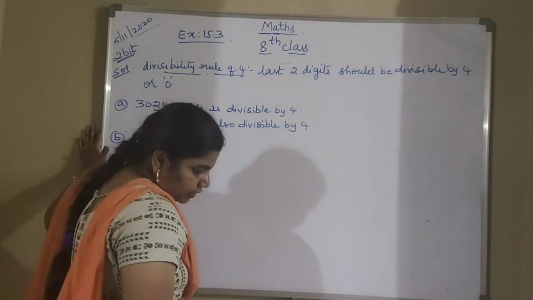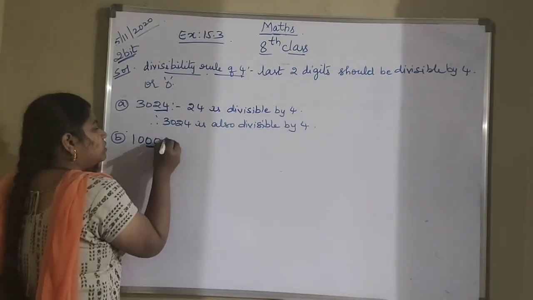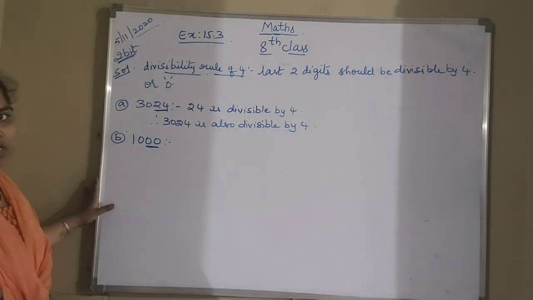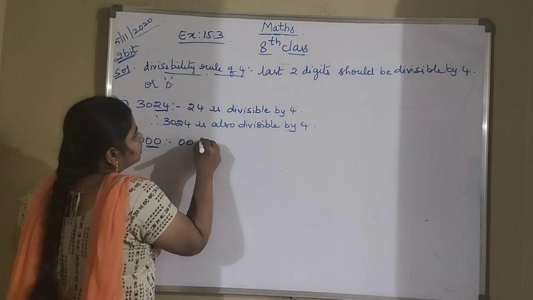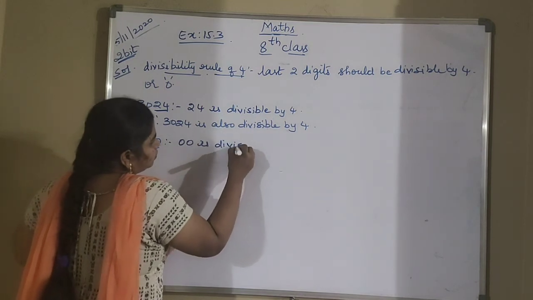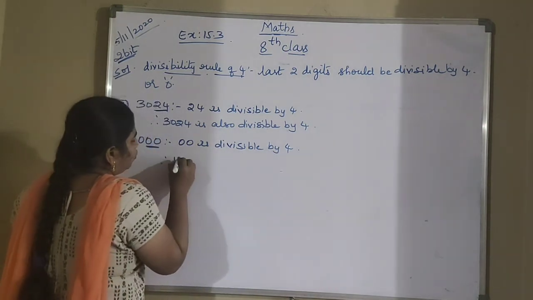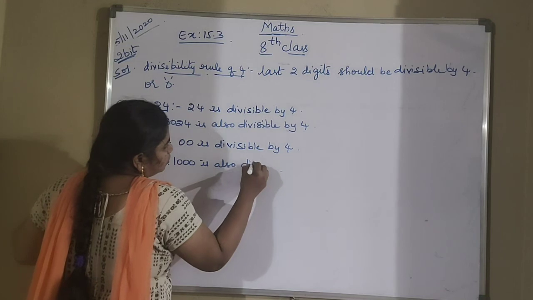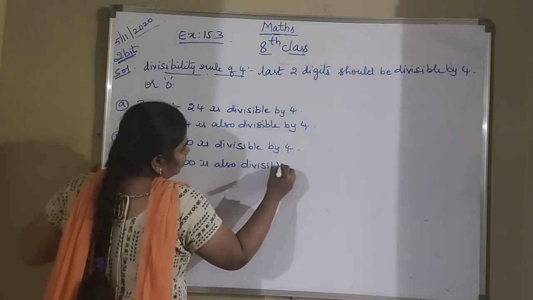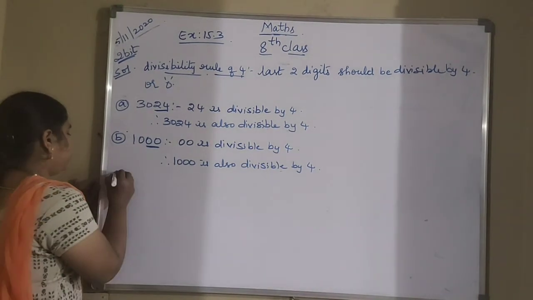Next, B bit. What is the B bit? 1000. The last two are zeros. Zeros are divisible by 4. Yes, 4 times 0 will be zero. So 00 is divisible by 4. Therefore 1000 is also divisible by 4. Okay, next C bit.